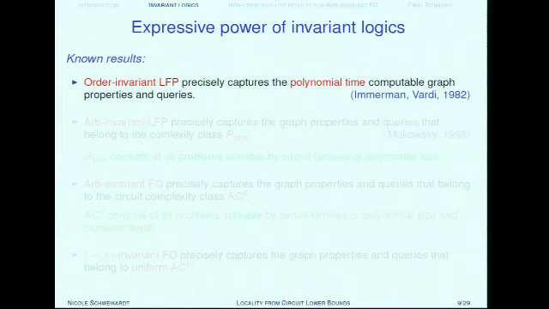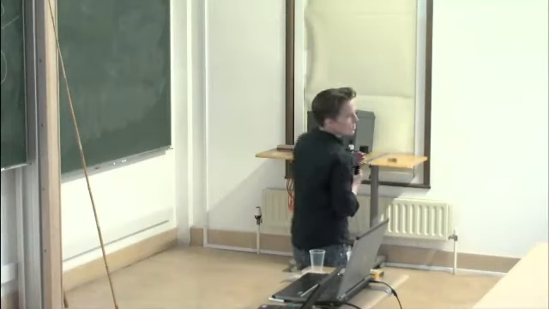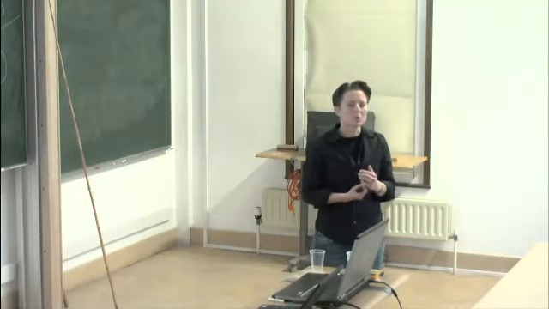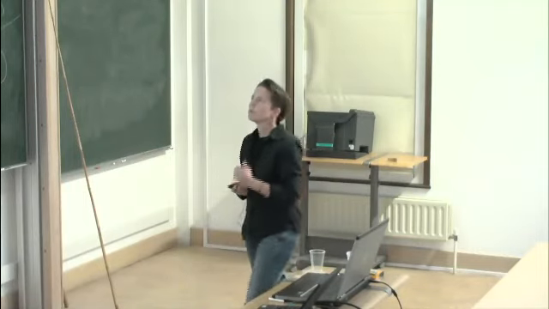So it seems like order-invariant least fixed point logic is something like a logic for P-time, but there is a drawback, because the syntax of order-invariant least fixed point logic is not decidable. Even for first-order logic, it's not decidable if a given first-order formula is order invariant on the class of all finite graphs.